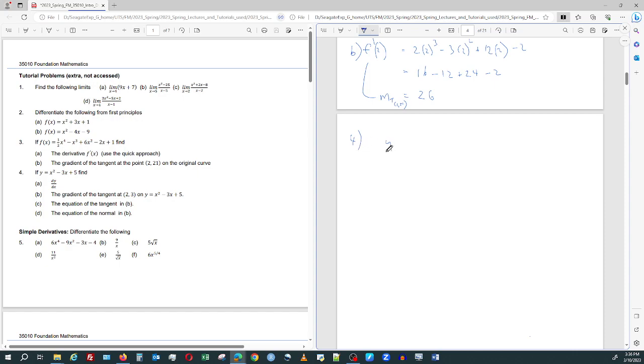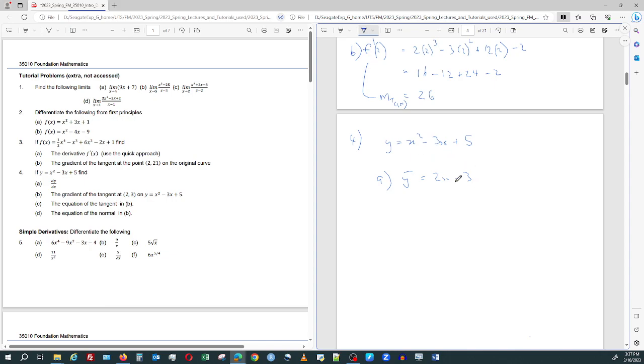Now it's just gone away from y to f of x to y. So we've got A, find the gradient, y dash, 2x minus 3. Is that plus 3? x squared minus 3x plus 5.